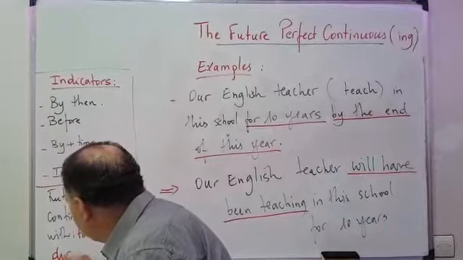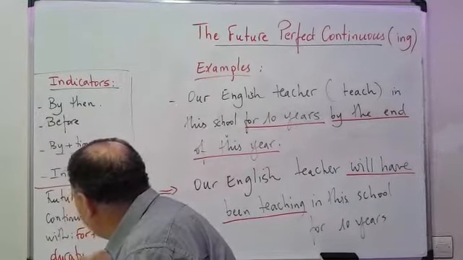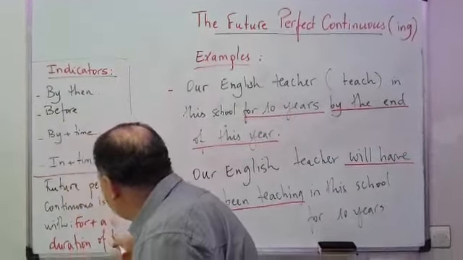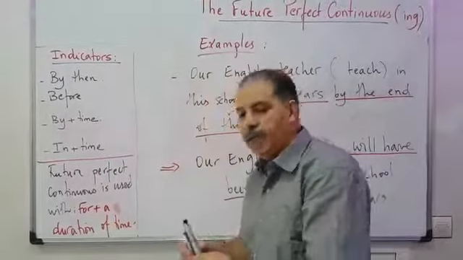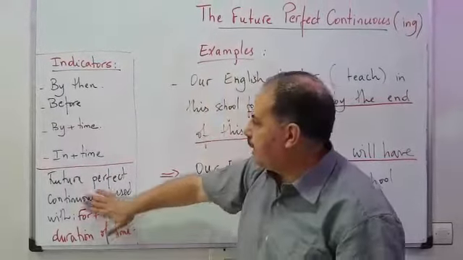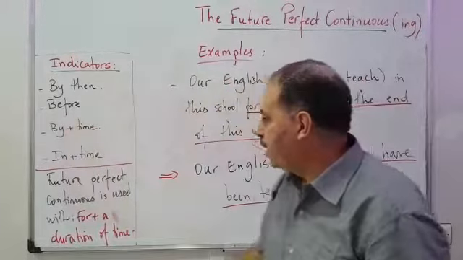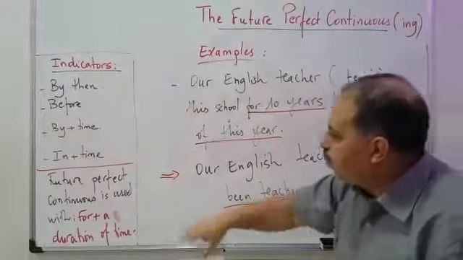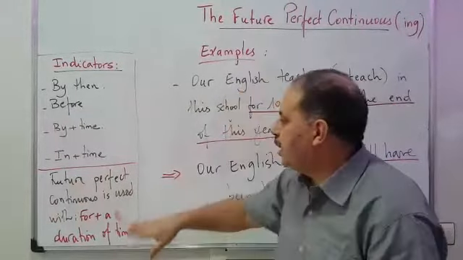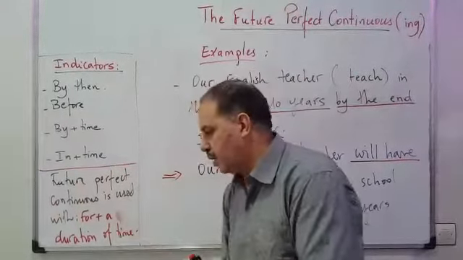A duration of time. Très important هذه. الله يرضي عليكم ركزوا على هذه المسألة. إذا عندي هاد الانديكيتورز هادو نقدر نحتاج future perfect. مي إلا عندي for plus a duration of time كنحتاج future perfect continuous.